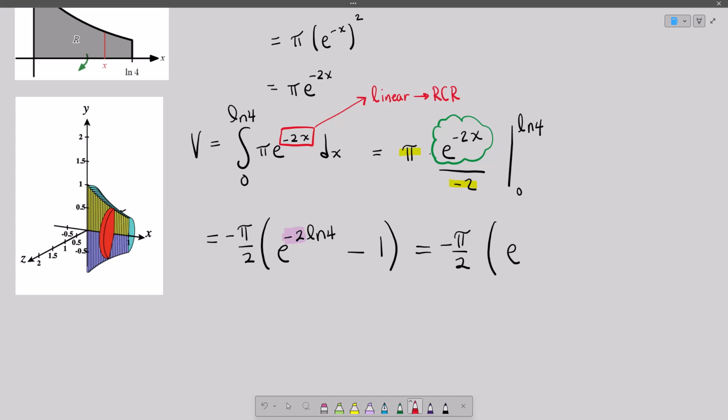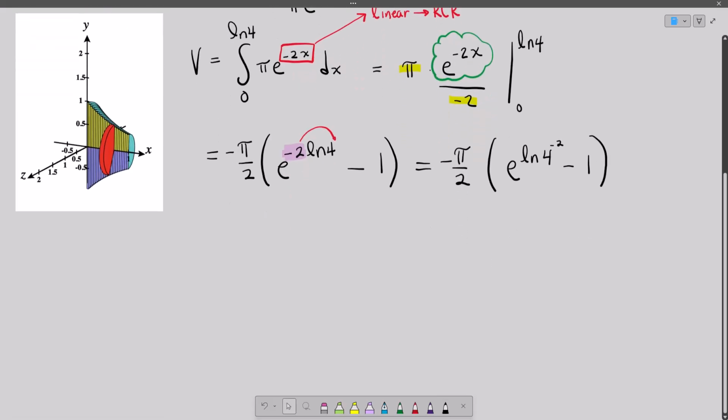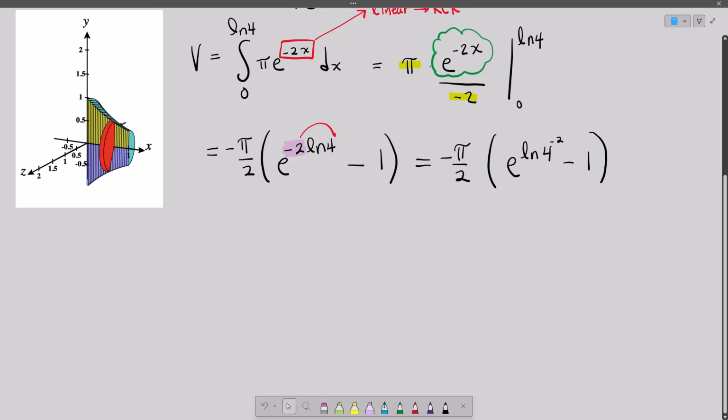So that can be moved into the exponent position on the 4. So we are going to have natural log of 4 raised to the -2. And what happens when we have e raised to a natural log? Right? They collapse. They annihilate each other. They're inverses of each other.